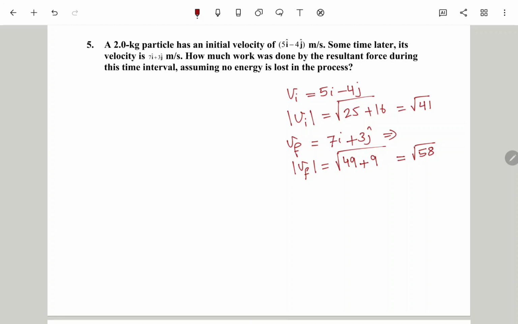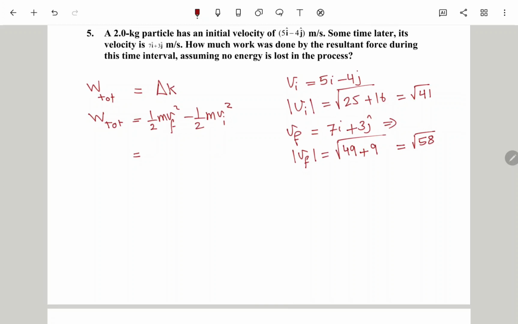Now, the total work, on the other hand, equals delta K. In this case, it's equal to half m V final squared minus half m V initial squared. This is the total work. Now, you substitute numbers.